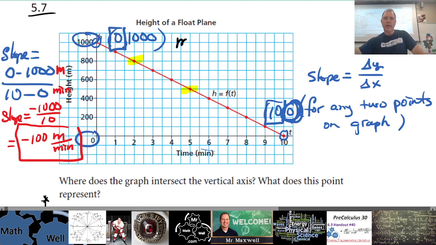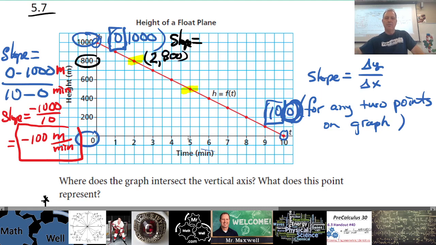So I'm going to do this real quick. M is the common representation letter for slope, but I'll write slope because M is in meters. I don't want to confuse you. We're going to do 800 as our y value here, so this is going to be 2, comma, 800, right?